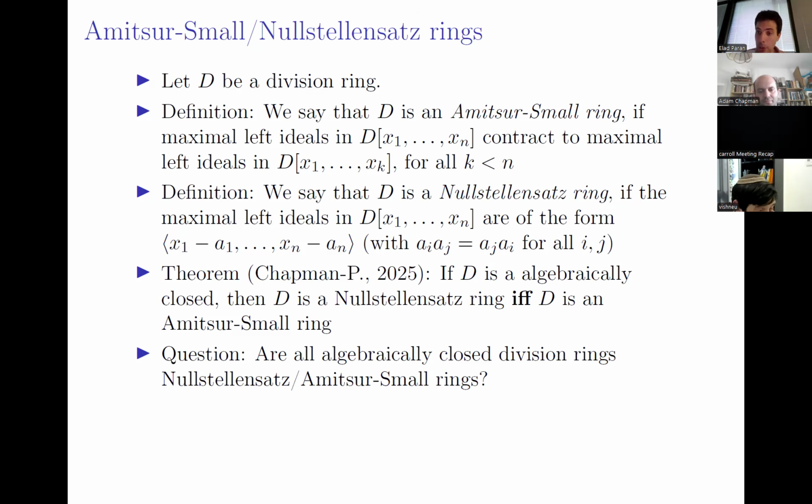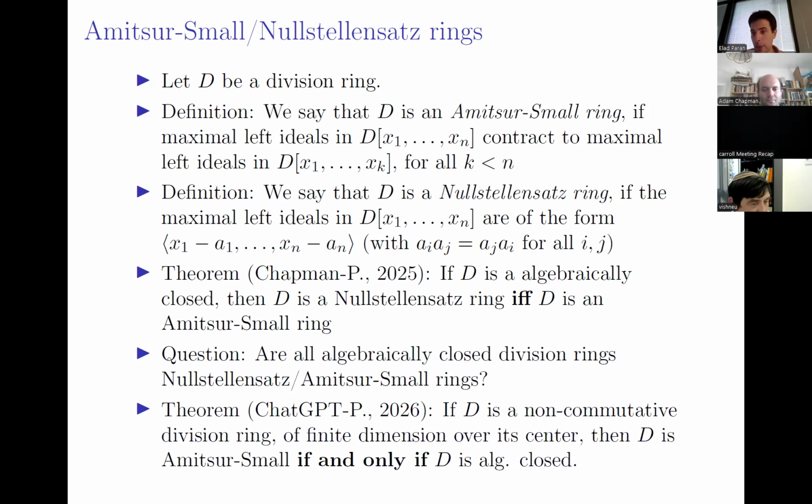And we had some partial results about this from last year in our paper, and then there was another paper that gave some additional partial results. I will not describe everything. I can just give you now the whole answer, which is a theorem I was able to obtain by working with the AI very recently, actually in preparation for this talk.